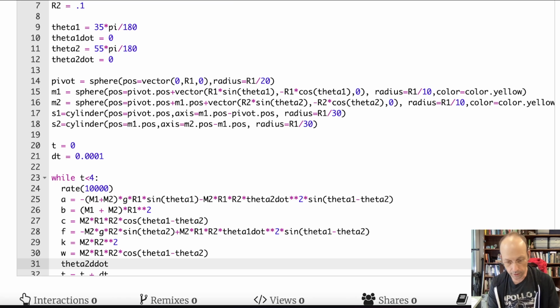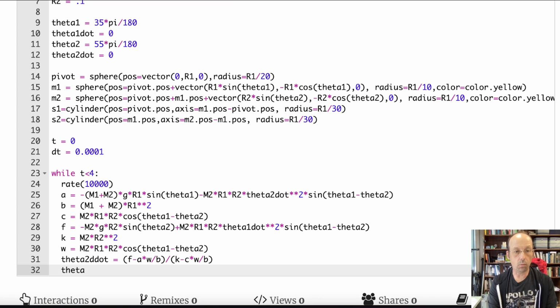Okay, so it's going to be equal to (F minus A times W divided by B), all of that divided by (K minus C times W divided by B). And then I can calculate theta 1 double dot, which is going to be equal to (A divided by B) minus C times theta 2 double dot divided by B. Hope this works.